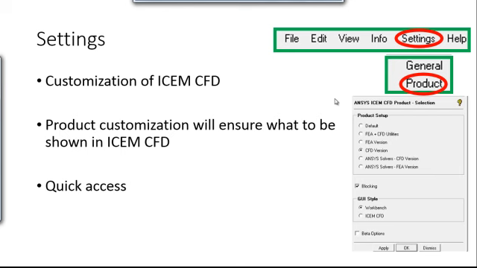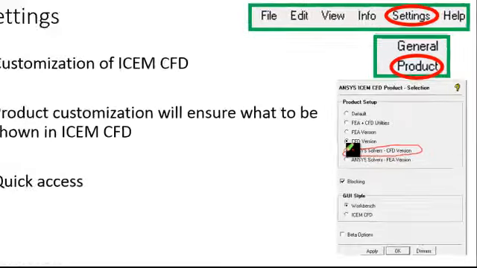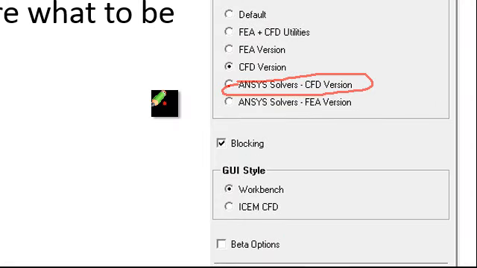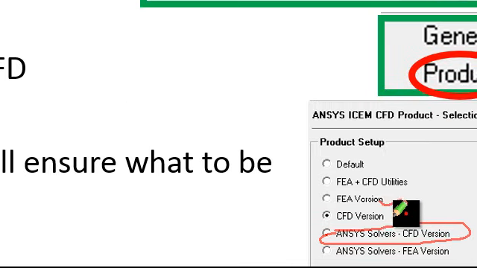For example, if you are only working with the Ansys solvers for the CFD version, you just need to select this, click on it, apply, save the project, and again you open the project and you will get the options only for the Ansys solvers. You don't get the options for outputting the mesh to the FEA. You don't get the options for outputting the mesh to the different other CFD solvers.